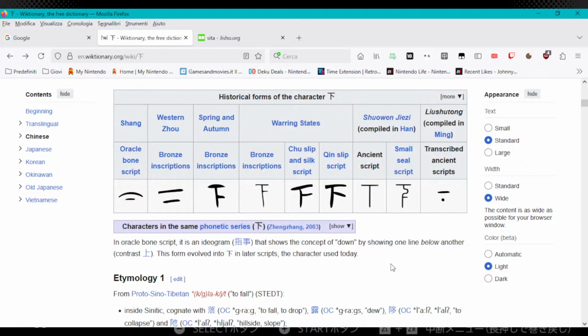It was even clearer in its historical forms, because there's a bigger line and then a smaller line below it. And yes, the smaller line points to something, as we have seen also with the previous kanji, points below the bigger line.